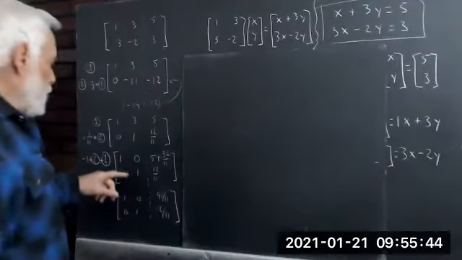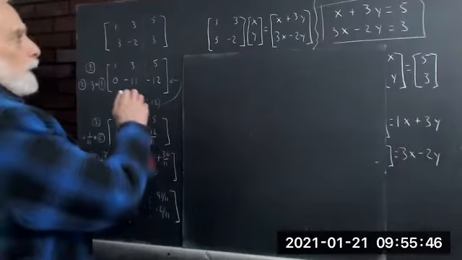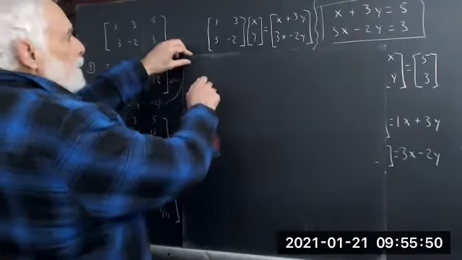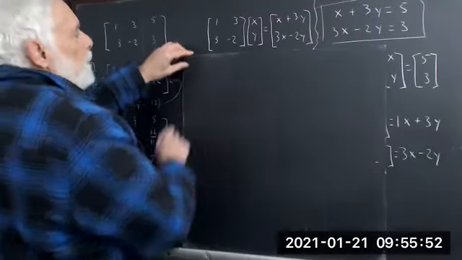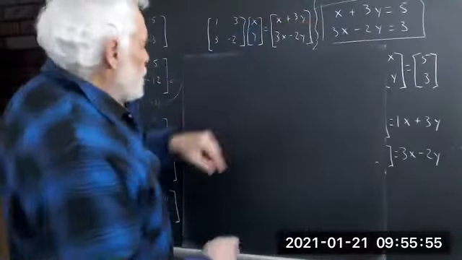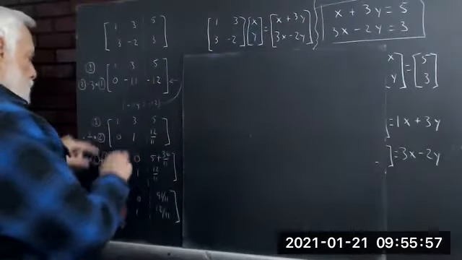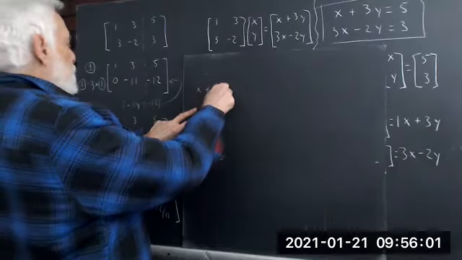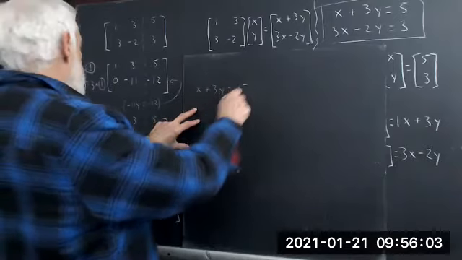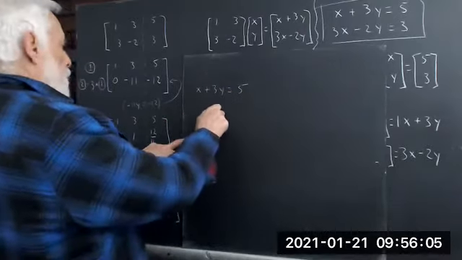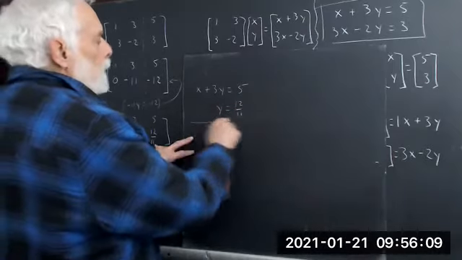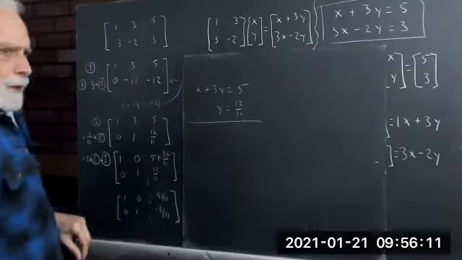What I've done here is, if I have gotten my system down to this one, which is x plus 3y equals 5 and y equals 12/11.